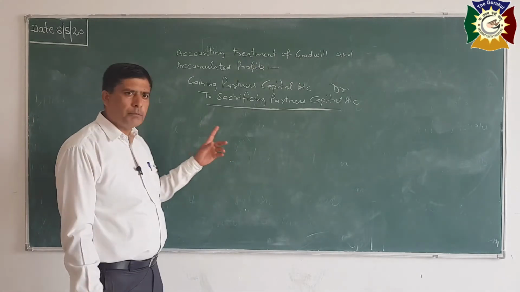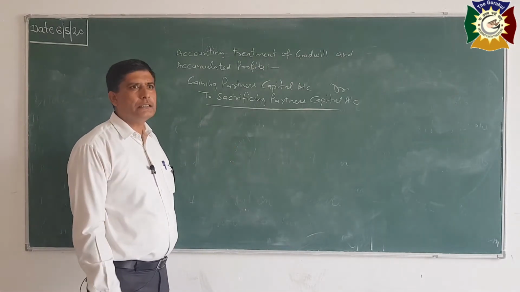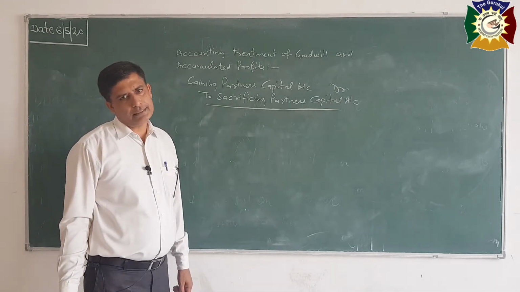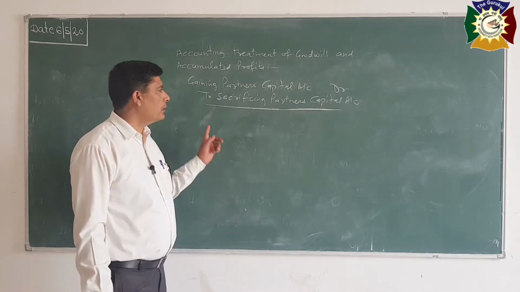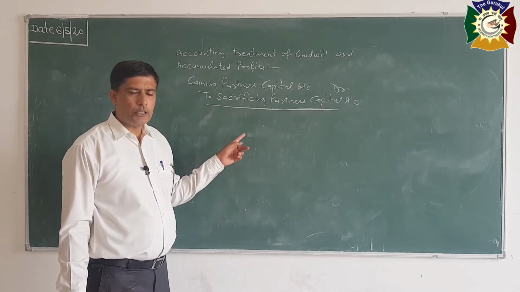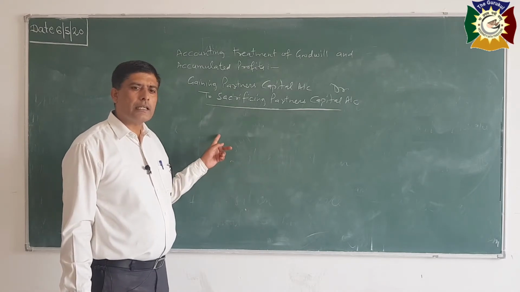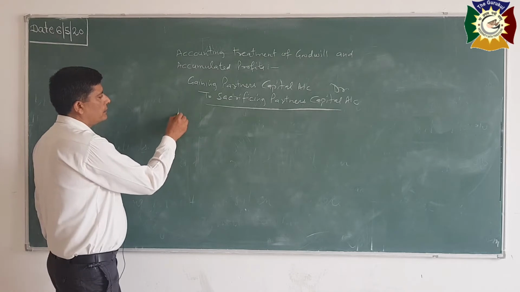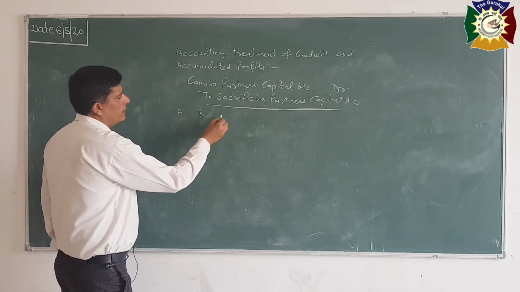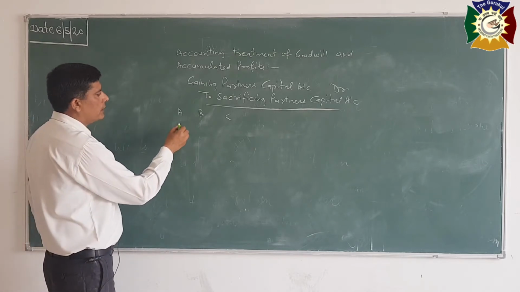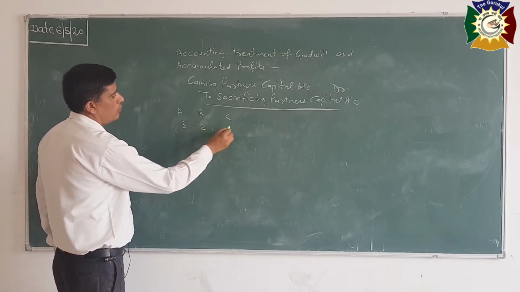Again we will come to the same topic. When there is a change in profit sharing ratio, some partners will sacrifice, some partners will gain, and we will apply the formula, that is old ratio minus new ratio. So let us take an example. Say there are three partners A, B and C. They are distributing profits and losses in the ratio of 3 to 1 to 1.